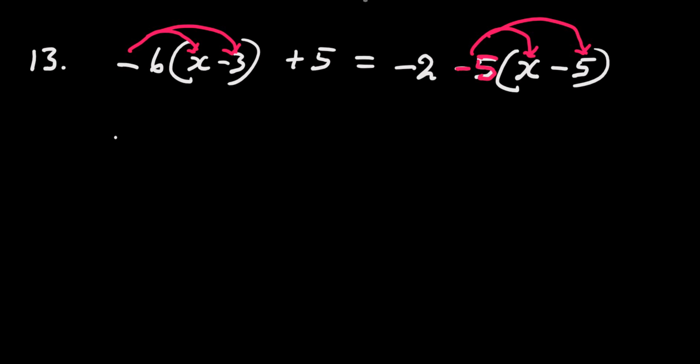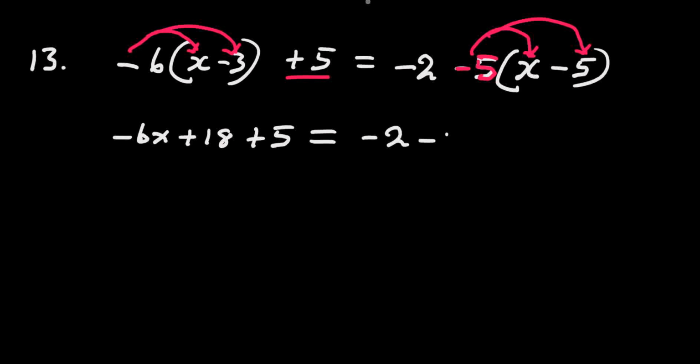So now we have negative 6x, and negative 6 times negative 3 will give us positive 18. Remember, we have positive 5 here. Just write it here, plus 5 equals negative 2. Negative 5 times x is negative 5x. Negative 5 times negative 5 is positive 25.